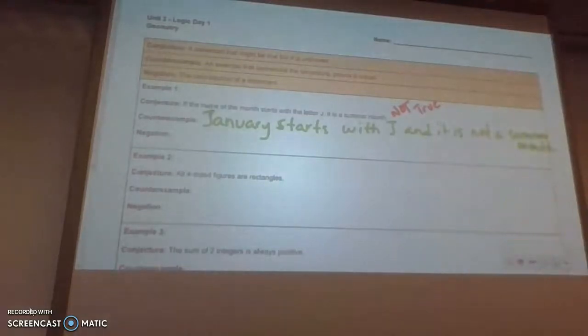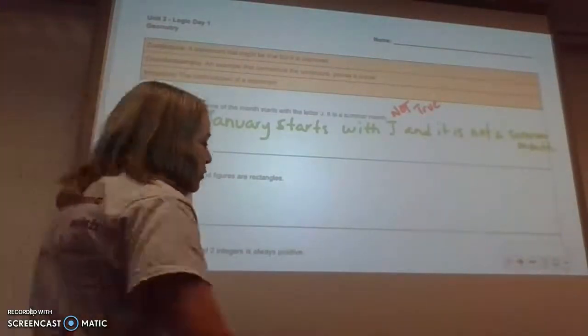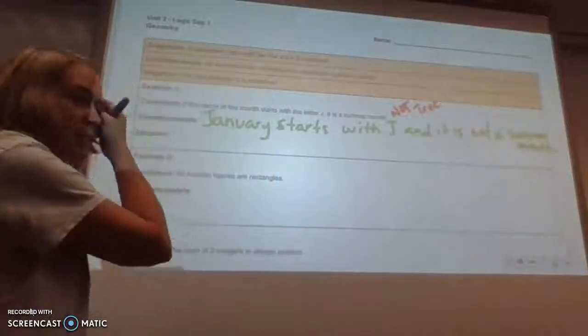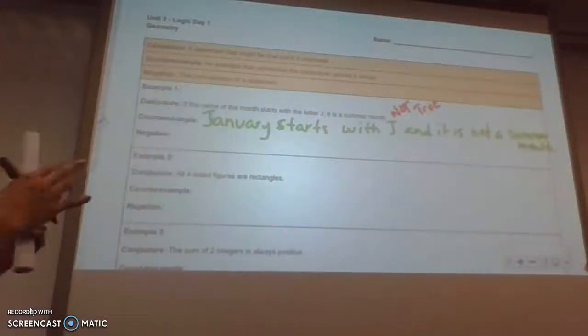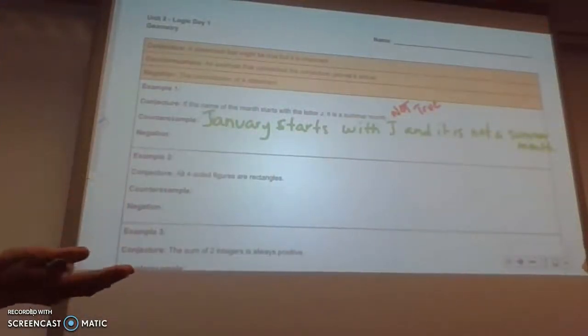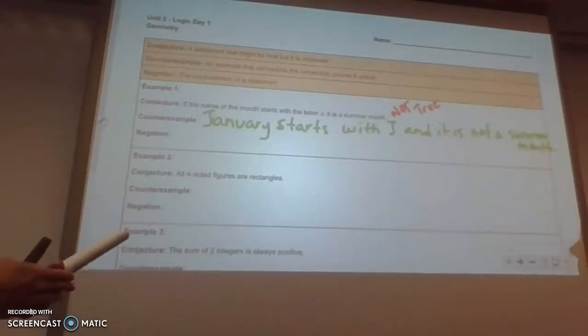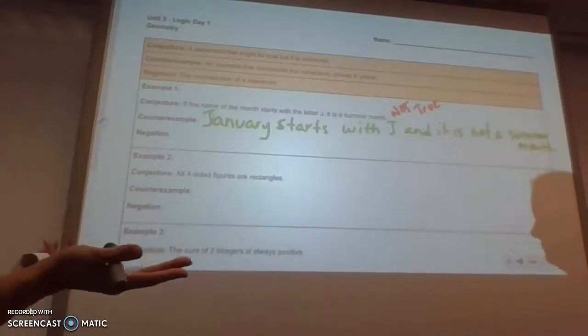All right, negation. A negation contradicts a statement. Negation means it's not going to happen or it won't or something that's negative. We try very hard not to be negative, but in this case, they want us to.